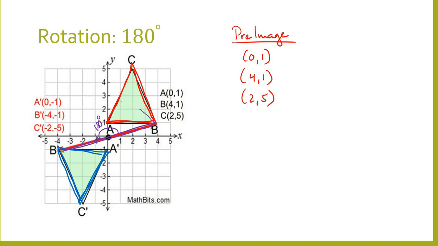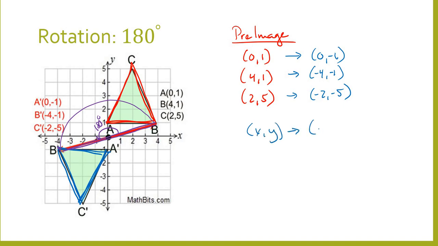So this point B has rotated all the way around to our new B. So let's see what our new ordered pairs are. (0, 1) was my A. It has gone to (0, -1). (4, 1) has gone to (-4, -1). And (2, 5) has gone to (-2, -5). So what's our general rule or pattern for a rotation of 180? (x, y) is going to go to the opposite of x, the opposite of y.